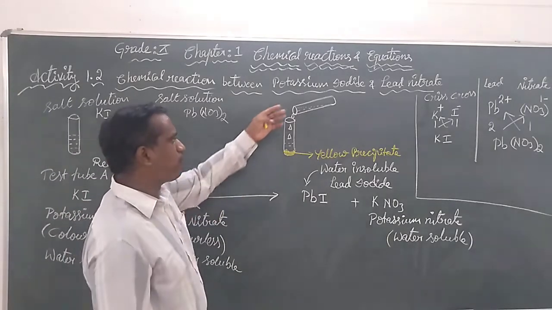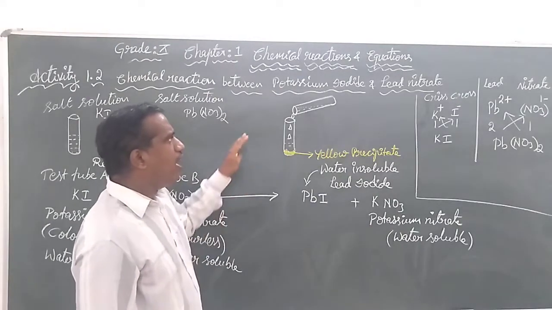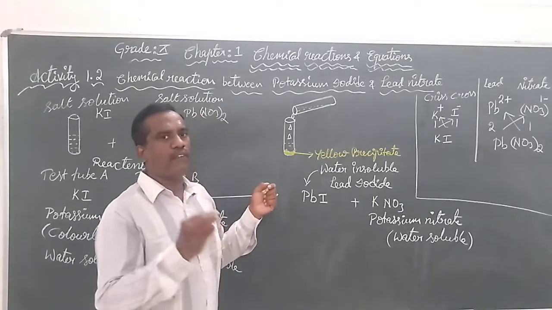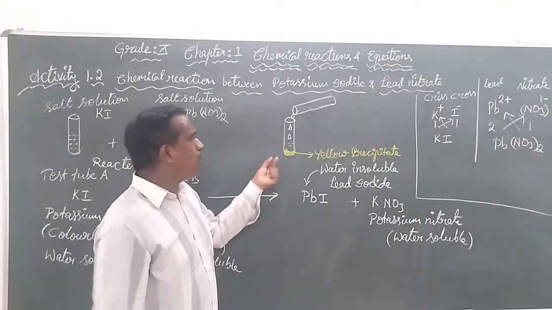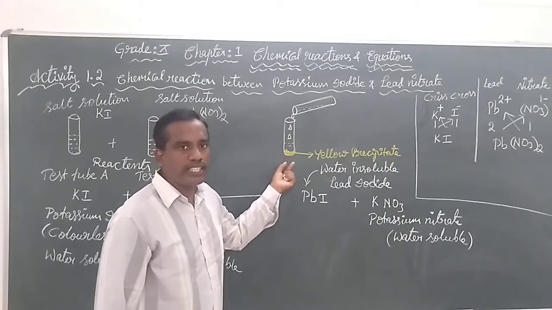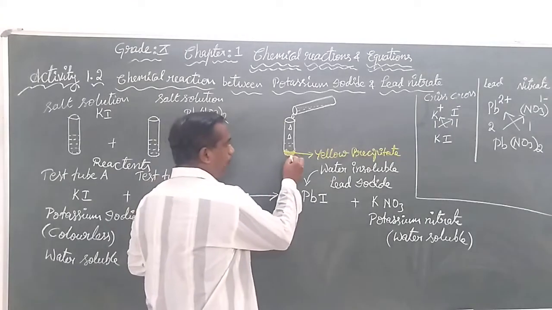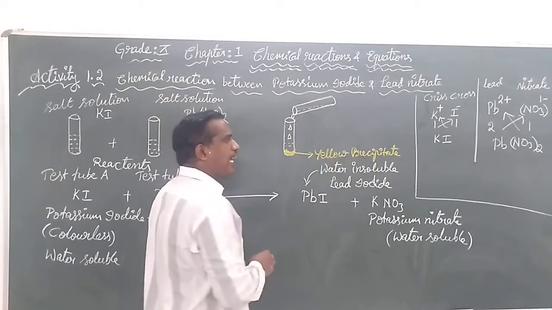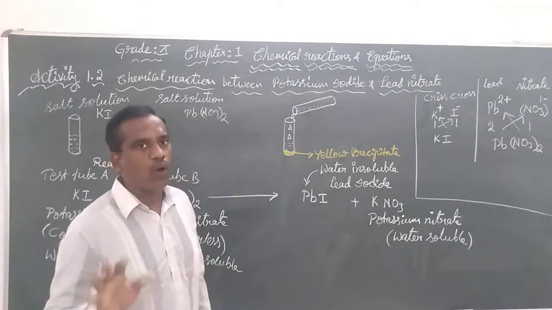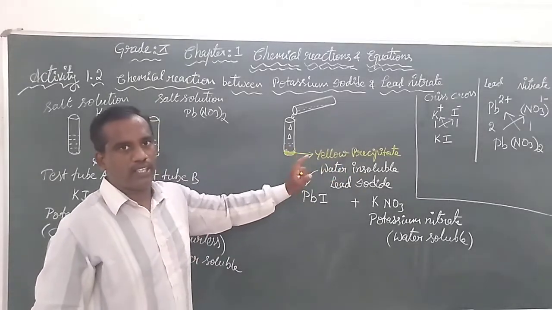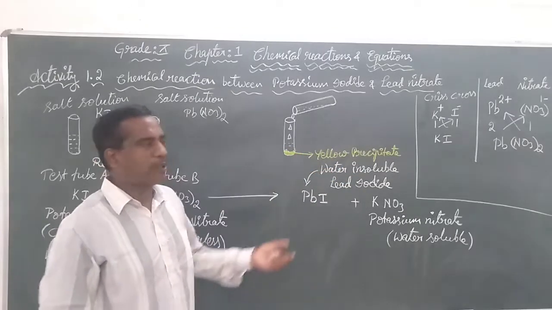When we add the potassium iodide to lead nitrate, we can find two layers here. One compound settles at the bottom of the test tube. The compound that settles at the bottom appears in yellow color, and we call it the yellow precipitate.